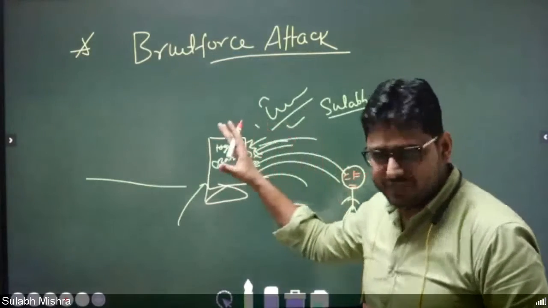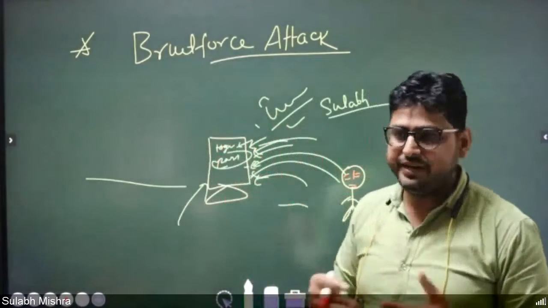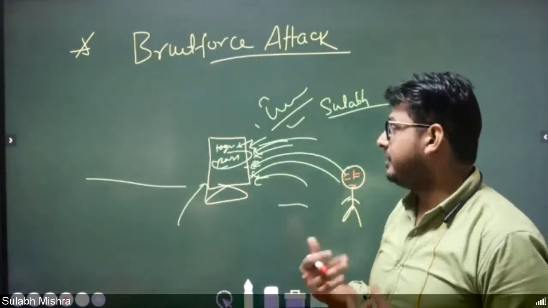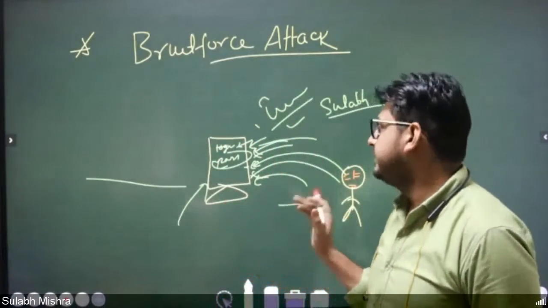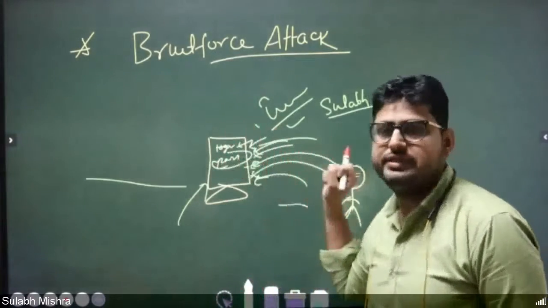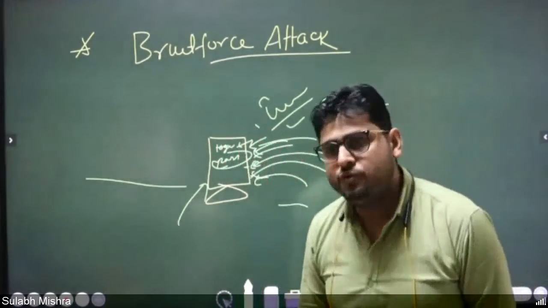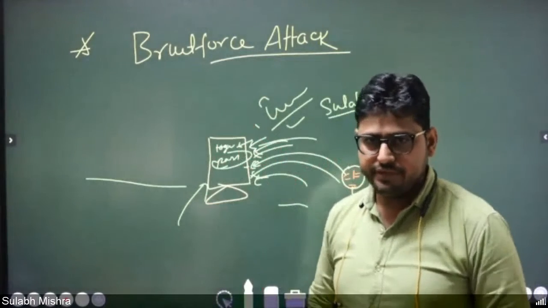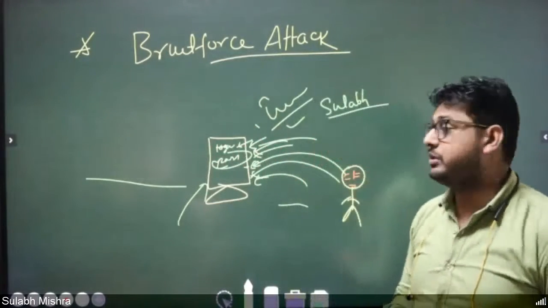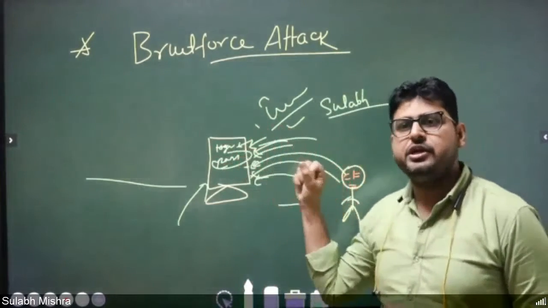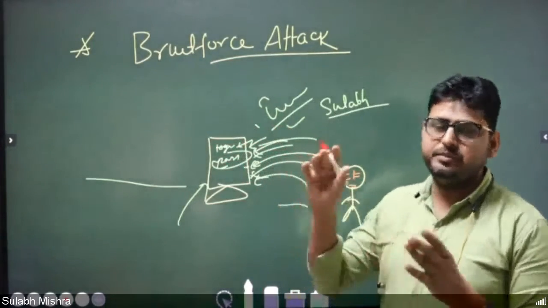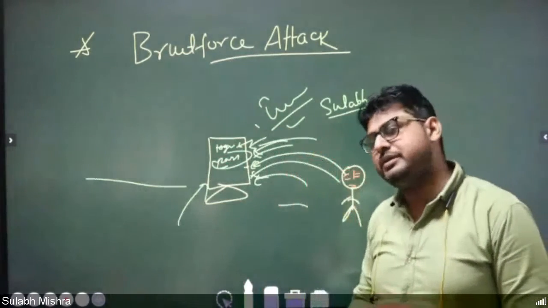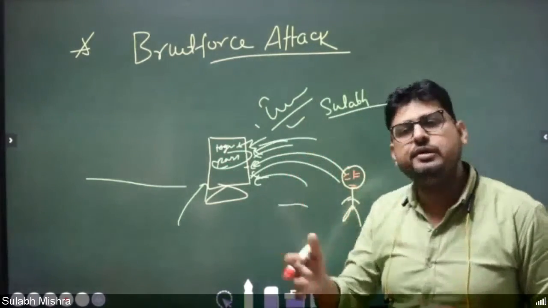So this kind of way of getting unauthorized access, by keeping the username and trying multiple passwords, or by trying multiple usernames and keeping the password constant, right? That kind of way to gain unauthorized access to your computer is called a brute force attack. Get it? This brute force attack is nothing but gaining unauthorized access to any computer or application by keeping the username constant and password variable, or by keeping the password constant and username variable, right?